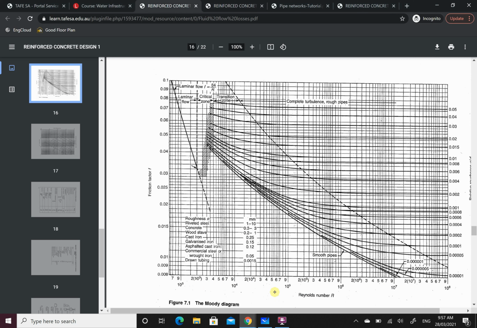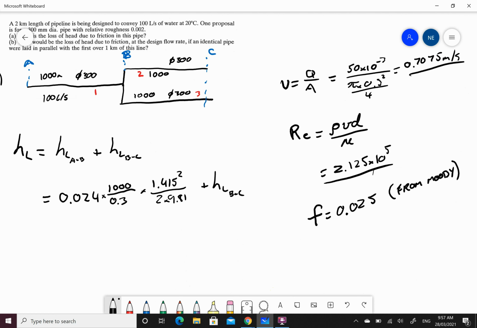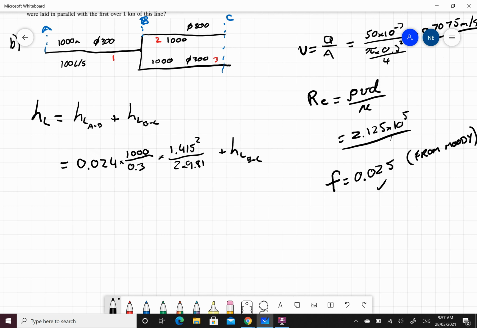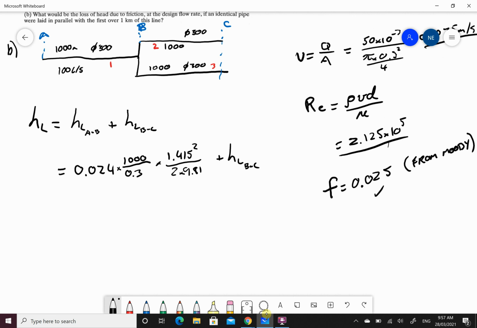My Reynolds number has shifted down a little bit, comes up to where they meet, and it runs along that line and meets 0.025. So now I've got the friction factor. I can calculate my head loss from A to C.